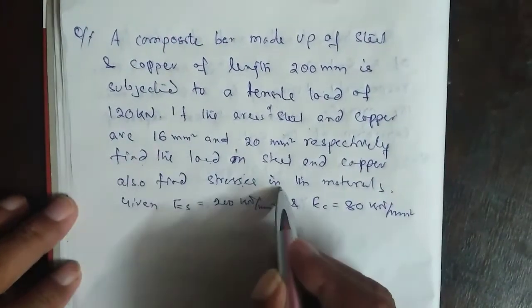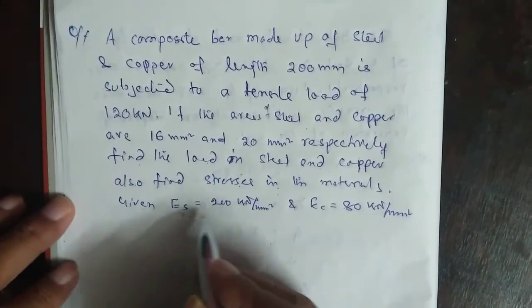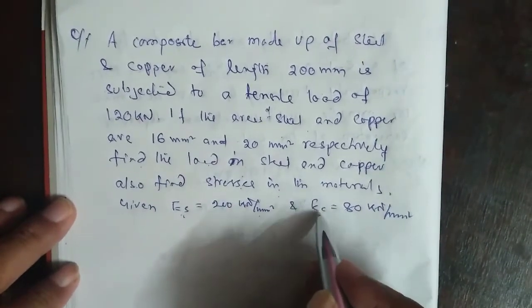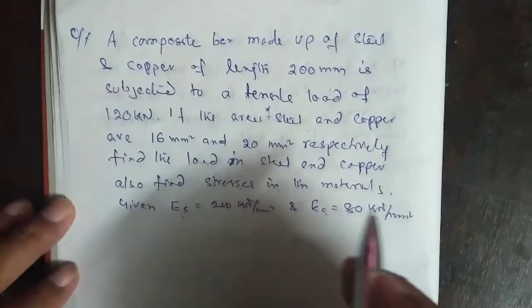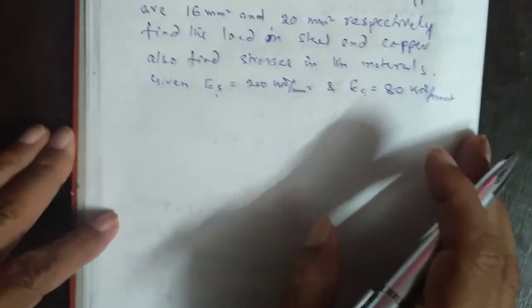Also find stresses in the materials, given Young's modulus of steel ES is equal to 200 kilonewton per mm square, and that of copper is 80 kilonewton per mm square.